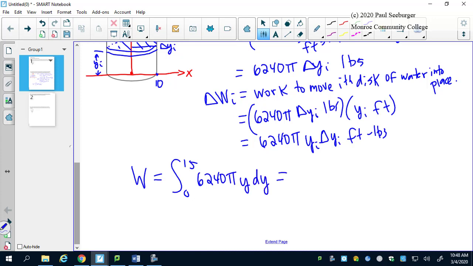So let's see, that's going to be integrating 3120 pi y squared, evaluated from 0 to 15. So 3120 pi times 225 minus 0. Okay, what is that going to give us?